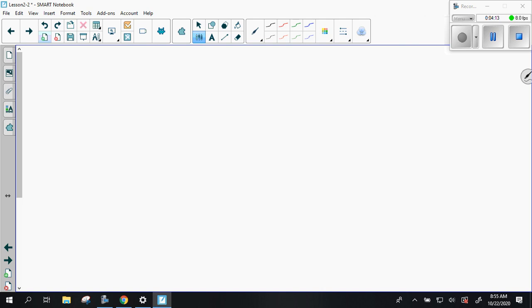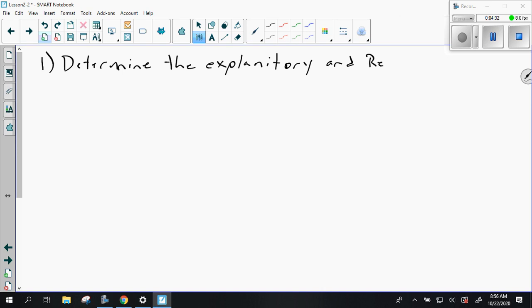All right, so first thing we need to do is determine our explanatory and response. What are those variables? What I want to know is what is causing what, it's almost like cause and effect.